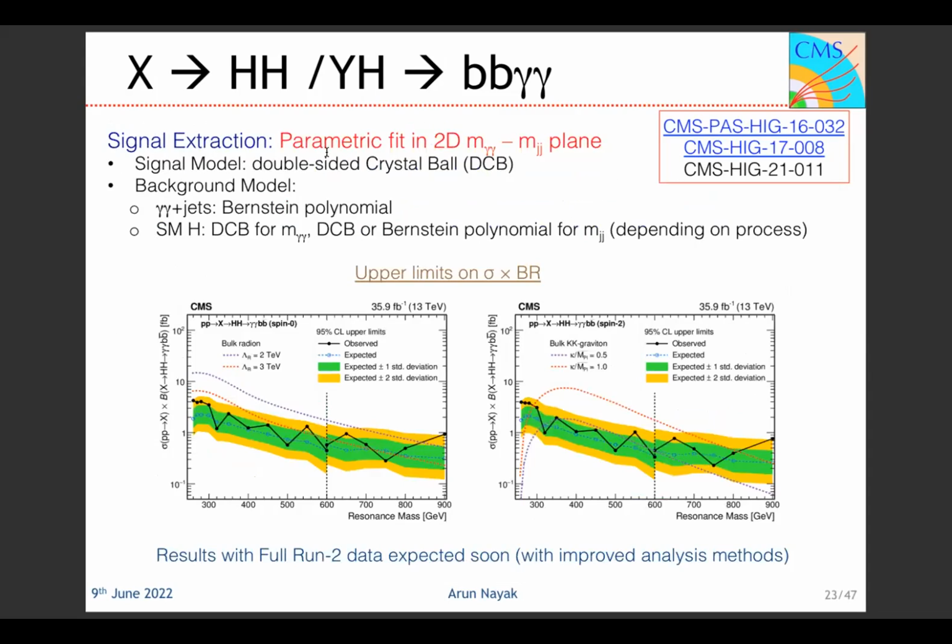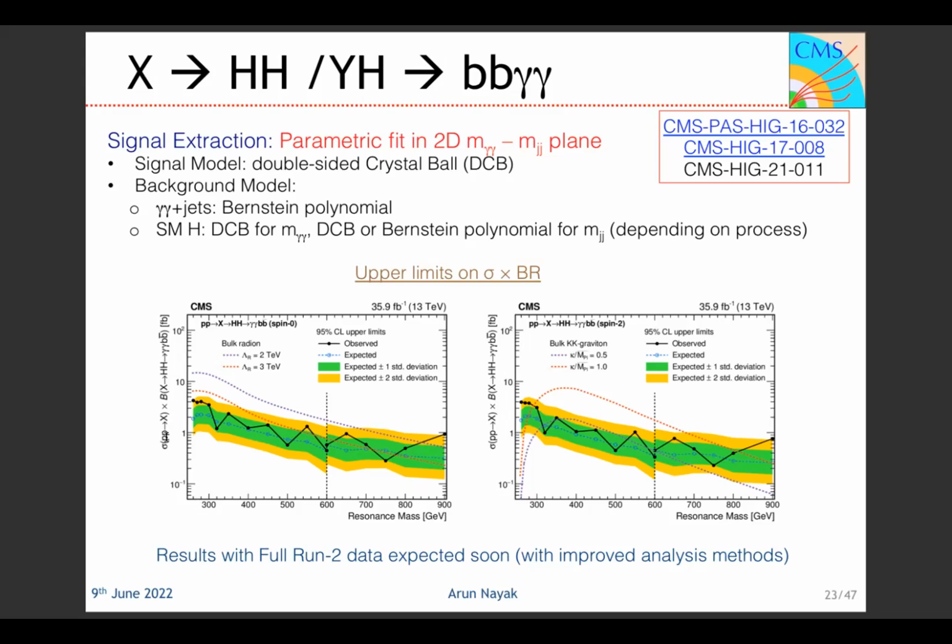The signal is extracted using a parametric fit in the gamma gamma jet jet mass plane. The signal is modeled using a double-sided crystal ball function, the backgrounds are modeled using polynomials, and the standard model Higgs background is also modeled using a double-sided crystal ball function. So this is the limit that you get, as a function of resonance mass.